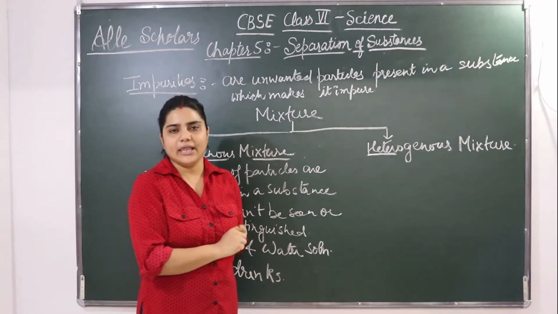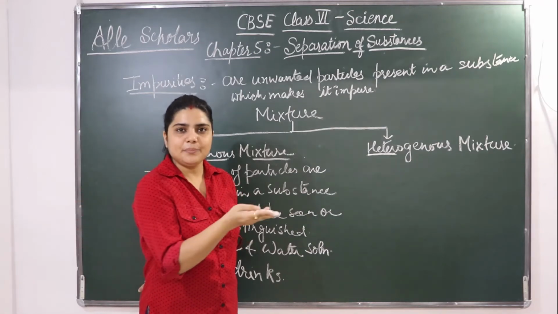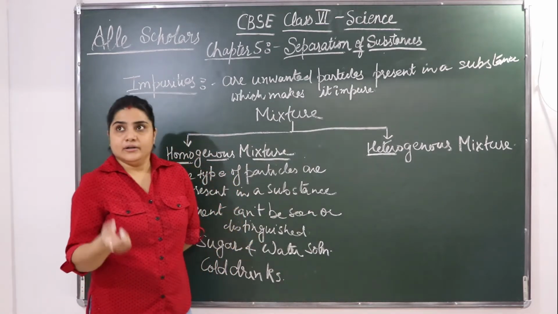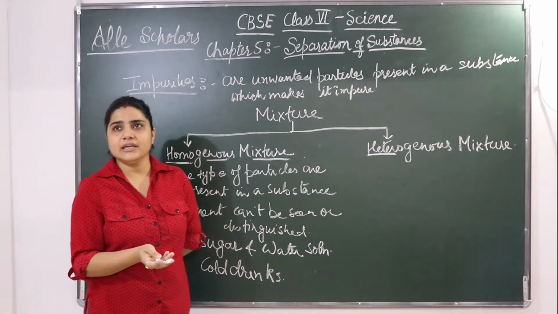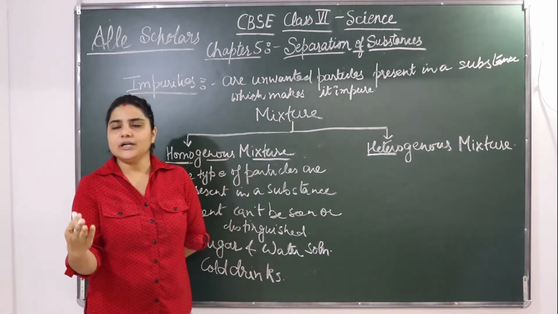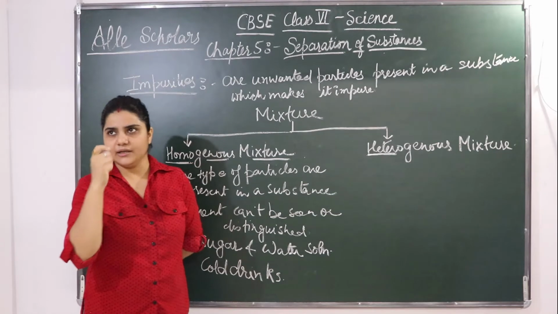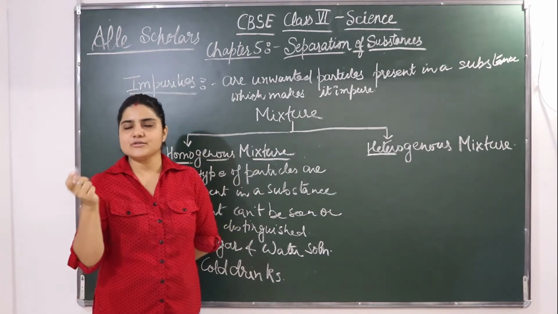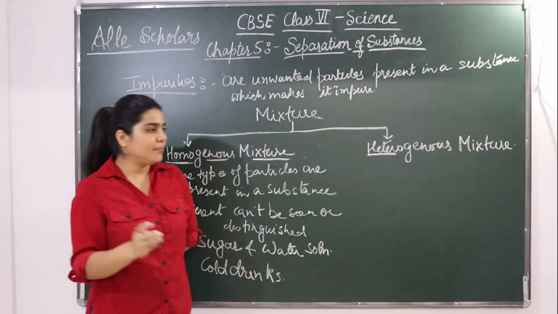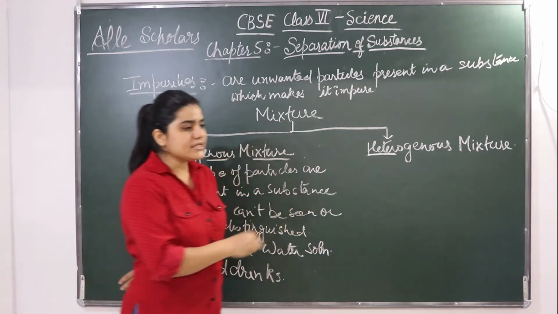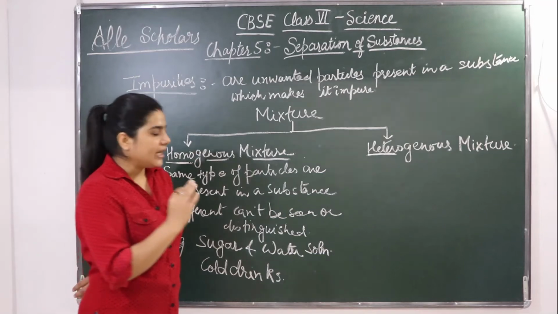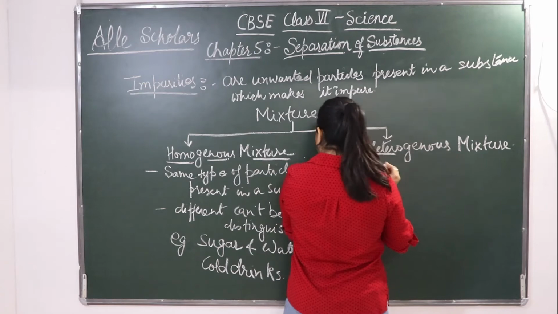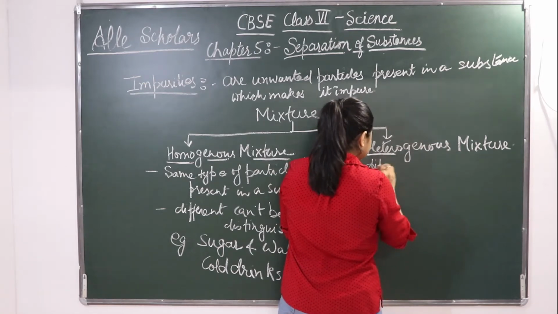If you put oil in water, you can see a separate layer of oil in water. Or the dust that is in the air, although some small dust can't be seen with the naked eye, but if you see it from a microscope or a hand microscope, you can see those dust particles. Okay, so a heterogeneous mixture is a mixture in which particles can be seen. So different types of particles are present.